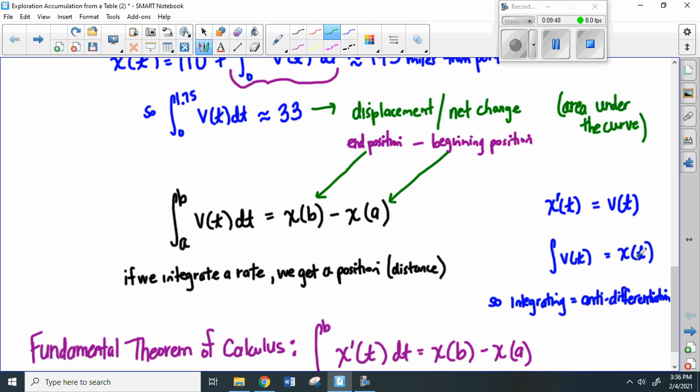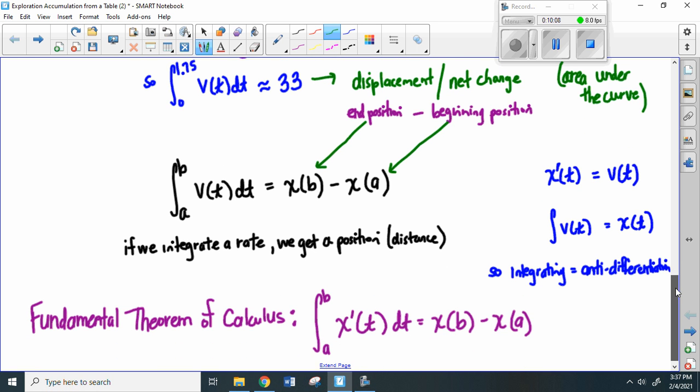So they basically undo each other. Integrating completely undoes, for lack of a better word, differentiation. So you will hear the term anti-differentiation. So integrating is the same thing as anti-differentiating, okay?